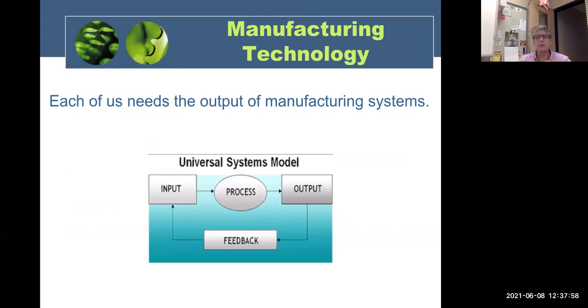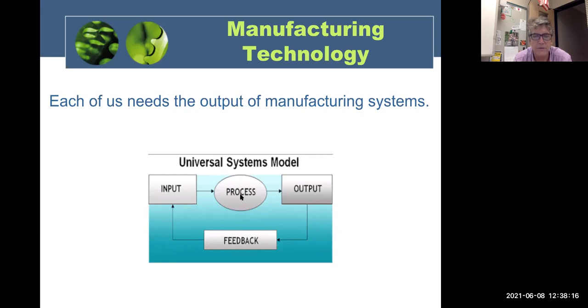Okay, we're looking at the universal system model here. So I want to explain how this works. We did a lot of this last semester. You have an input, which is a resource.